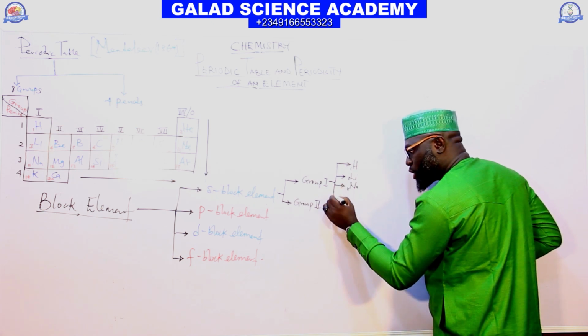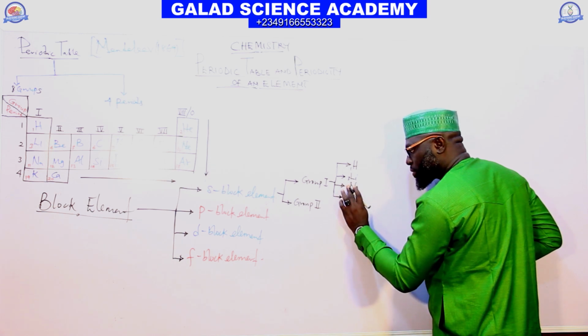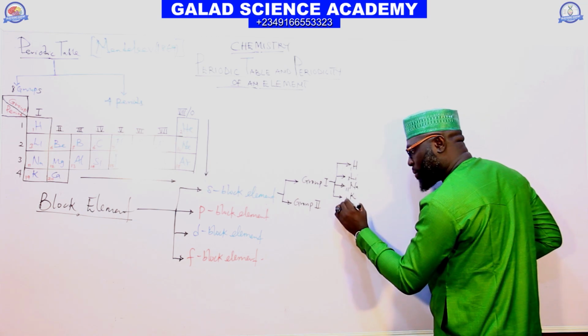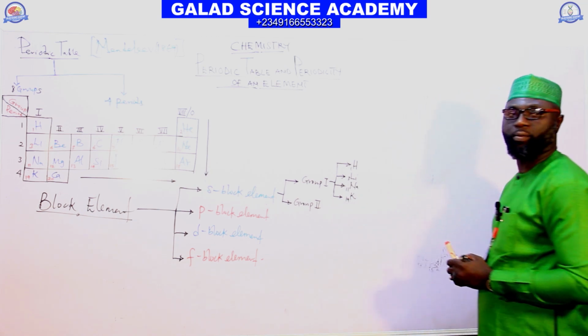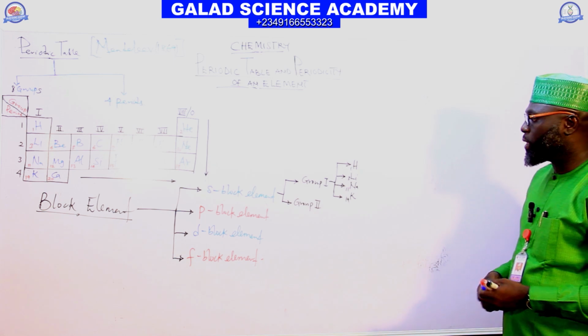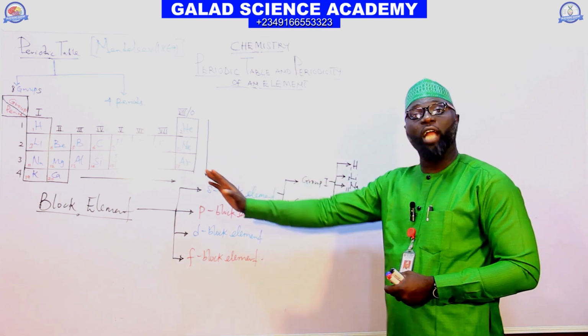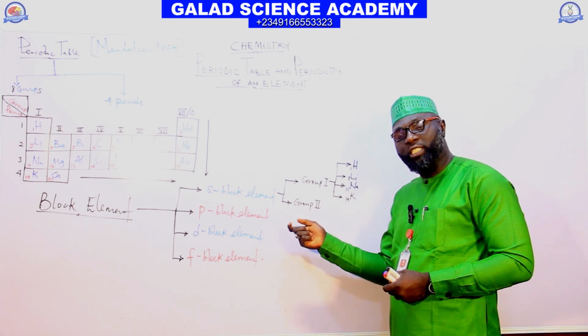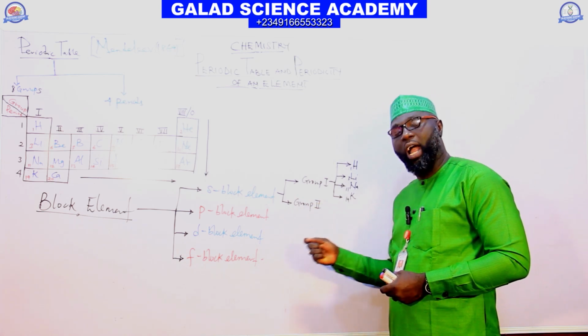And the fourth one we have potassium, atomic number 19. So group 1 elements and group 2 elements are S block elements, because their valency electron can be found at the S orbital.